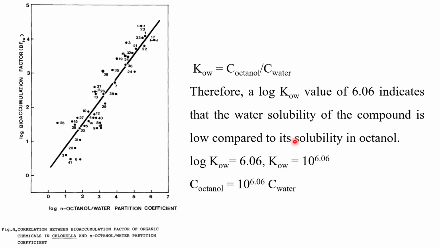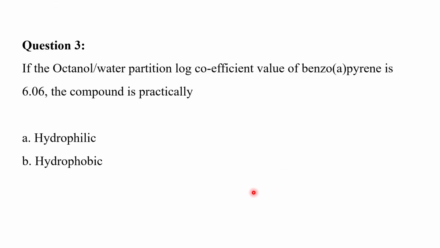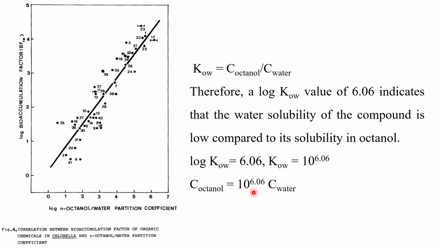That means the concentration of that compound in octanol is 10 raised to the power of 6.06 times more than the concentration of the compound in water. That means the compound is more soluble in octanol than water, so the compound is hydrophobic. So the answer for this question would be option B, hydrophobic.